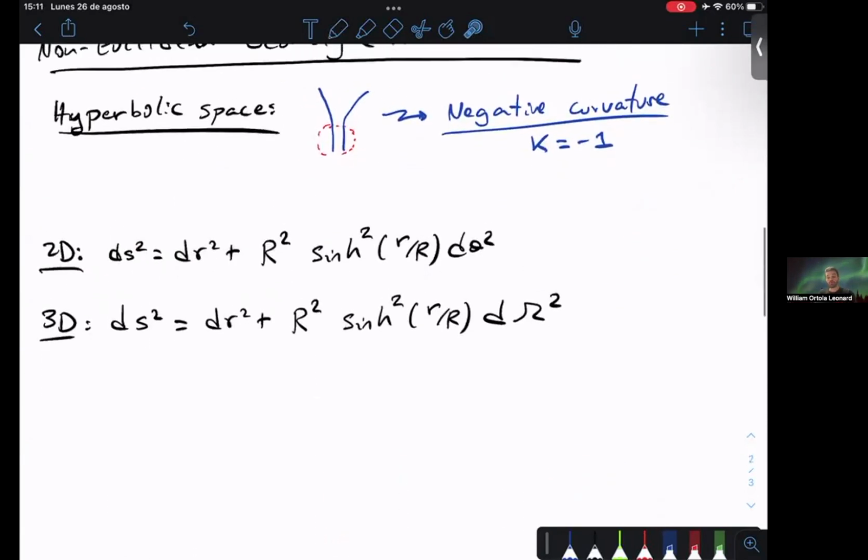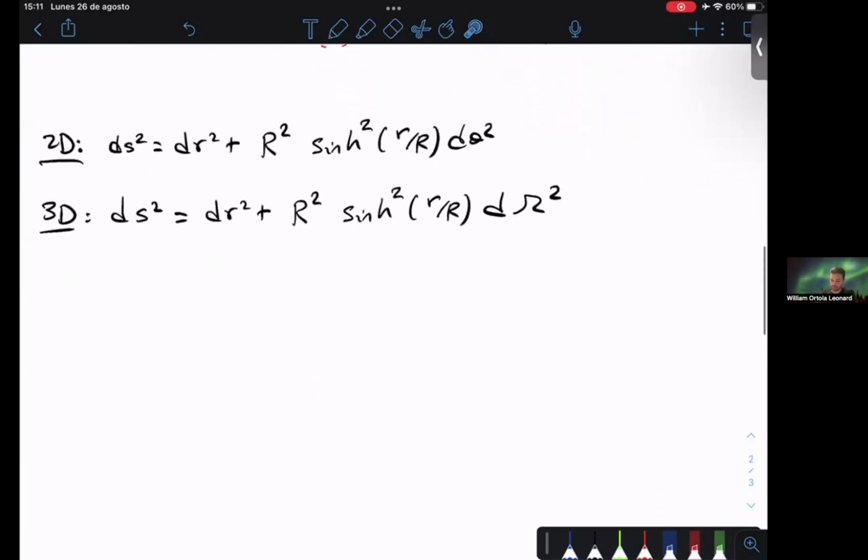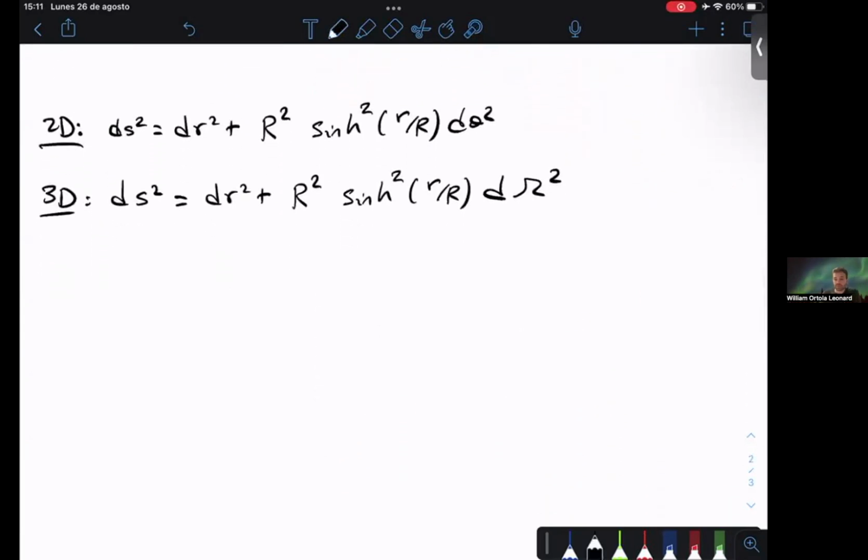All right, so what is the second space that we can have in a non-Euclidean geometry? The second space is an elliptic space. In this space, we basically have the opposite of what we have in a hyperbolic space, where if we have two lines that are parallel to each other, as we go out of that local region, we see that the two lines curve towards each other.